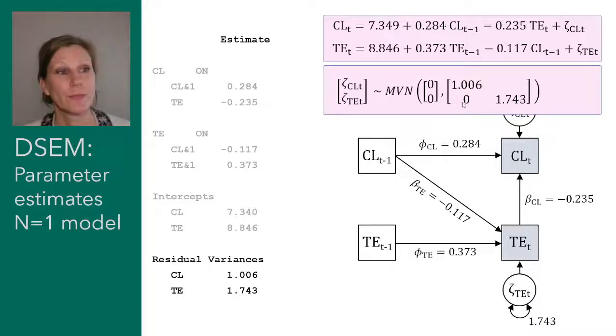And this would be the covariance between the residuals, and that's set to 0 in this case. It would be a two-headed arrow here between the residuals, but that's not included in our model. And that's the same as saying it's equal to 0. Okay, that's it for this part, the single subject parameter estimates.